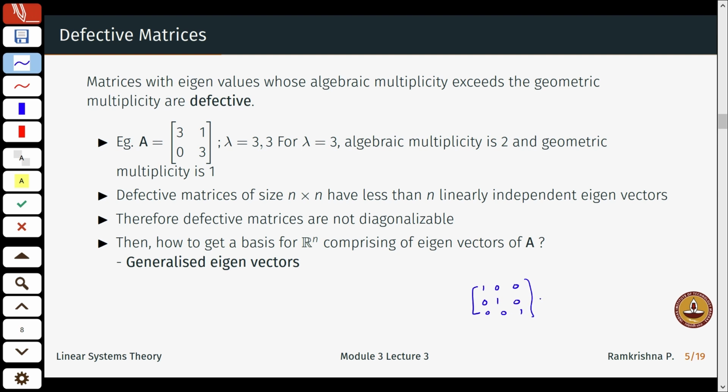Okay. Here I can always find 3 distinct eigenvectors, which could be whatever, right, any vector in R3 is an eigenvector. So all these 3 eigenvectors E1, E2, E3 will span the entire R3.